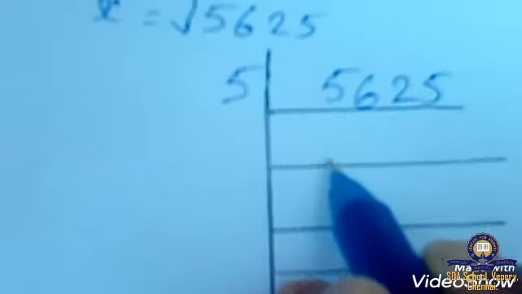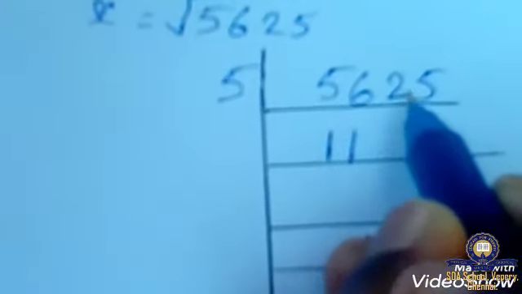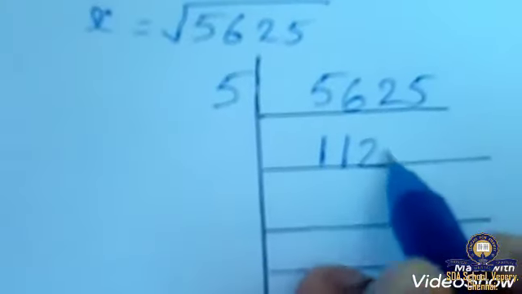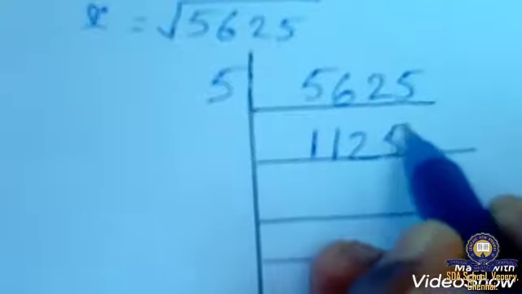Since we know that the ending term is 25, it is divisible by 5, so we get 5 ones are 5, 5 ones are 5, remaining 12, so 5 twos are 10, balance 2, so 5 fives are 25.